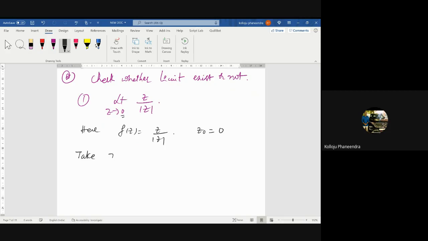Take z tends to 0 along any two different paths. This is the first one. Choose the path.